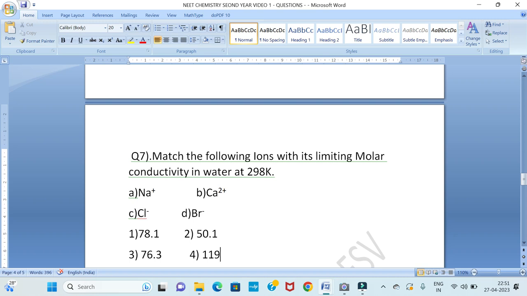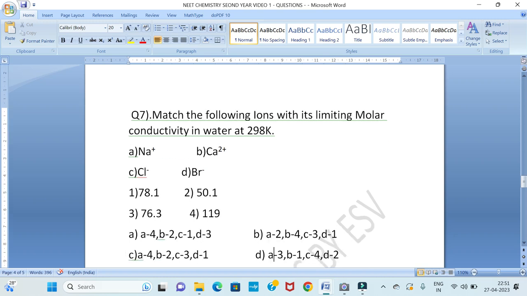Match A, B, C, D with 1, 2, 3, 4. So what is the answer? The option is B.